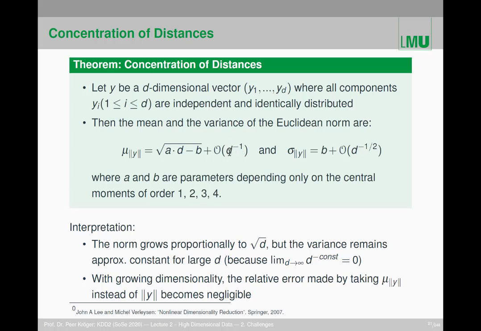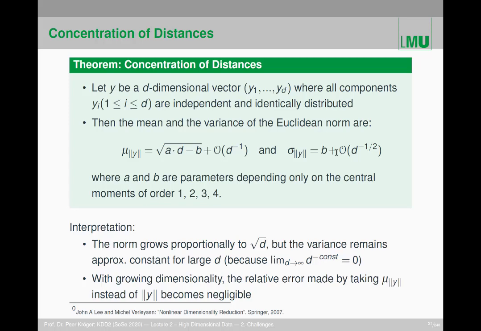The same holds here. So what remains for the mean of the norm is the square root of d, and here you have a constant. That means the norm grows, but the variance remains constant for large d.